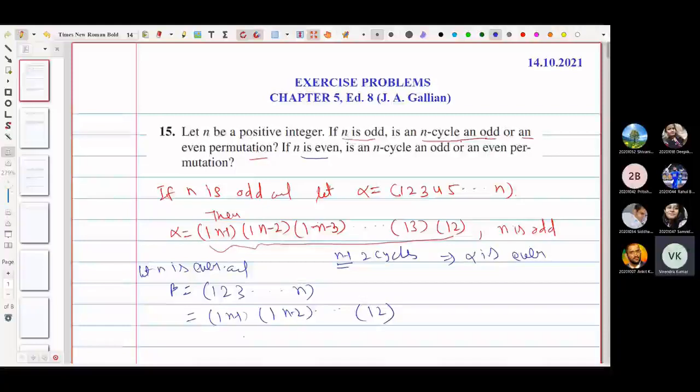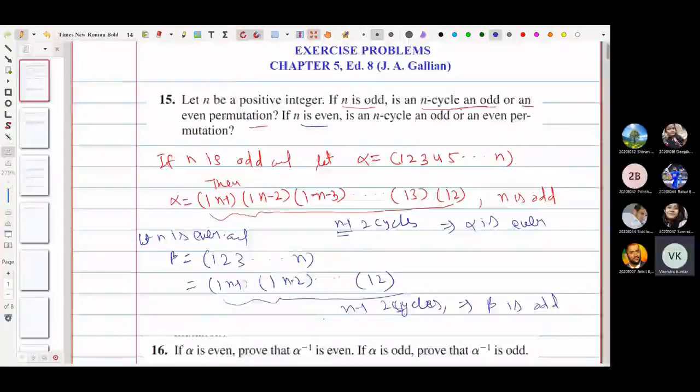If you see, there are n minus 1 2-cycles. Because n is even, n minus 1 is odd, so this would imply that beta is odd.